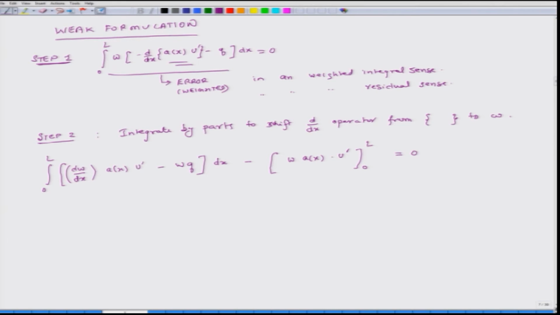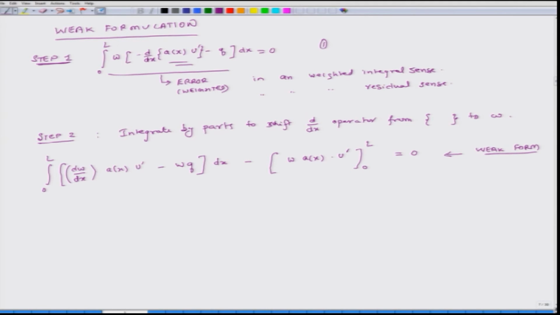This expression is mathematically the same as equation 1, but this is the weak form, because our requirement of differentiability on u is only of first order, and I have shifted that differentiability onto w.